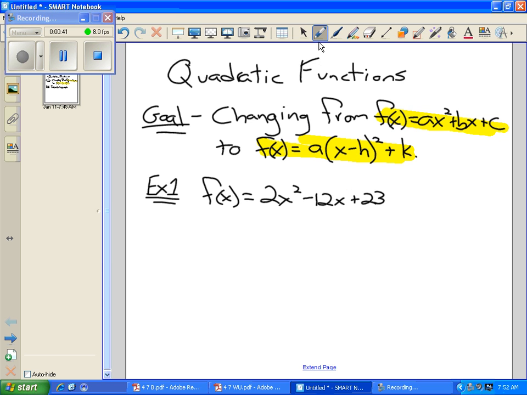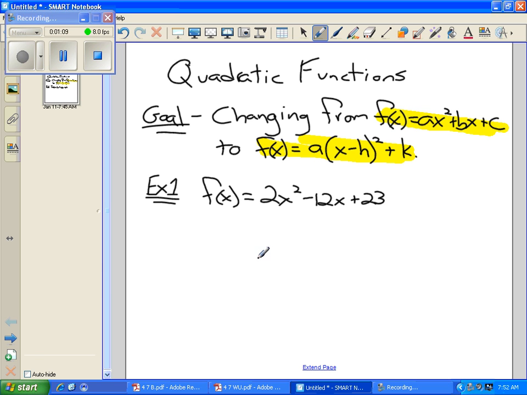I'm going to start with this example. And the first thing you want to do is really just focus on these x terms. If there's a leading coefficient there, you want to factor that out of the first two terms, these x terms. So the first thing I want to do when I'm changing from standard form, ax squared plus bx plus c, to vertex form is factor out whatever the leading coefficient is just from the x terms.